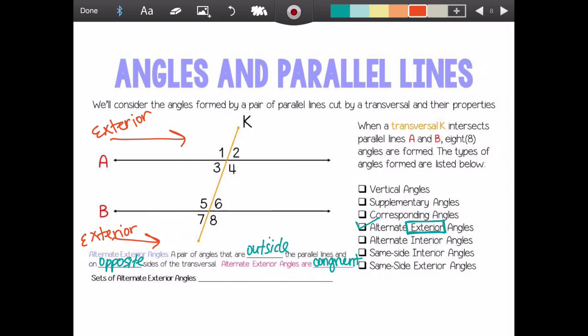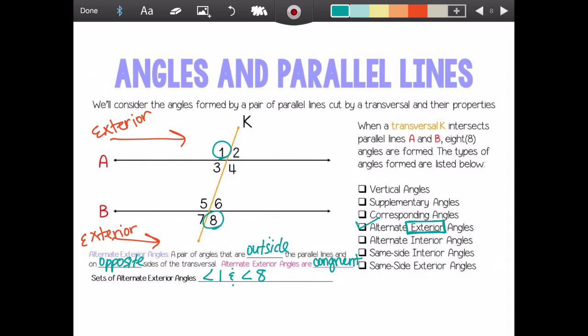So now it says, and on opposite sides of the transversal. So here an example would be angle 1, which is an exterior, but now it has to also be on the opposite side. So this would be angle 8. They're both on the exterior and they're on the opposite sides of the transversal. So angle 1 and angle 8.